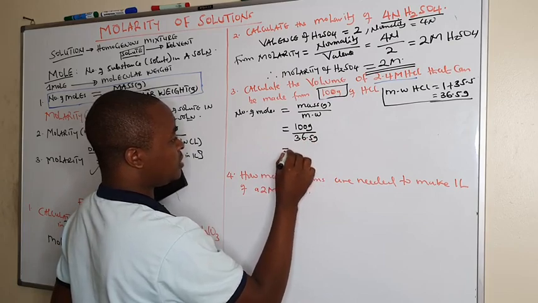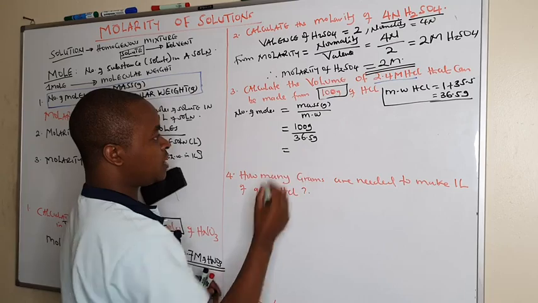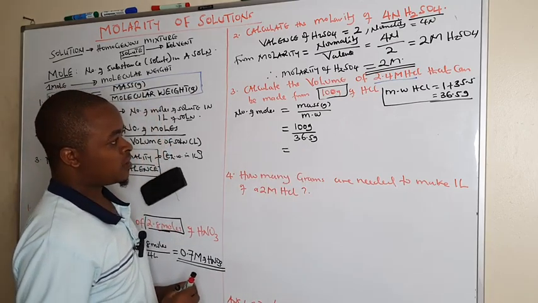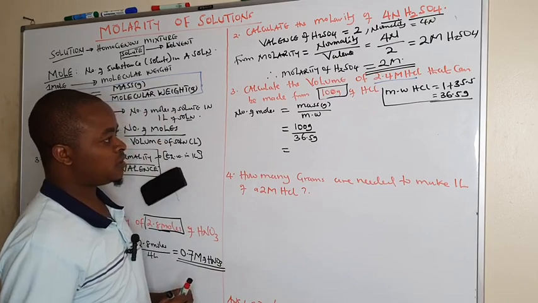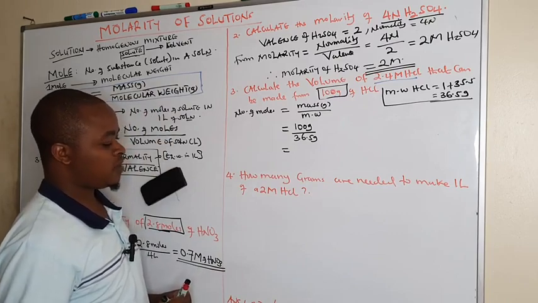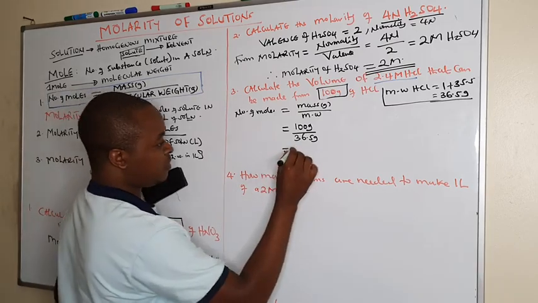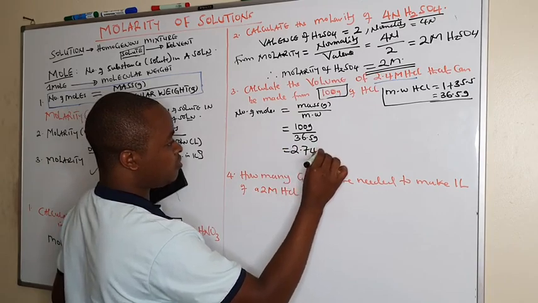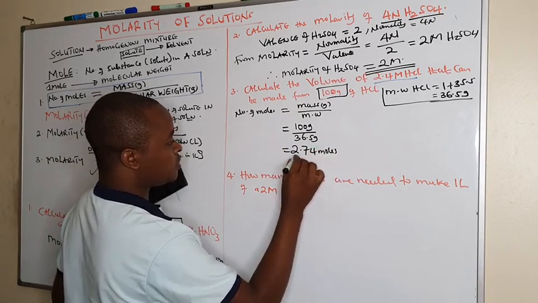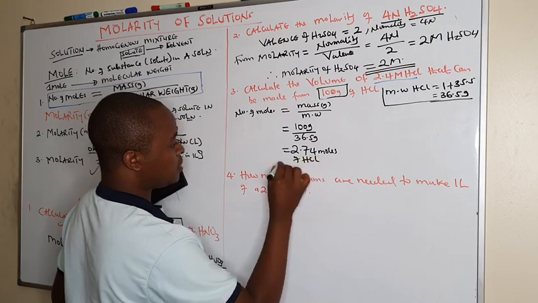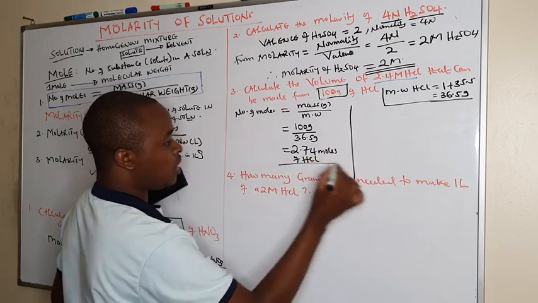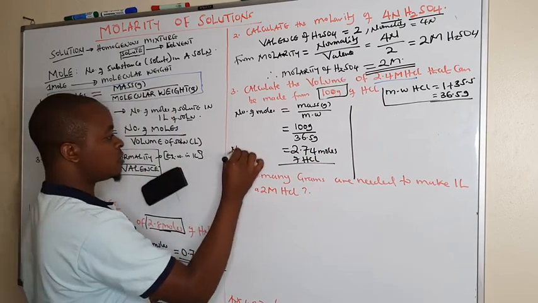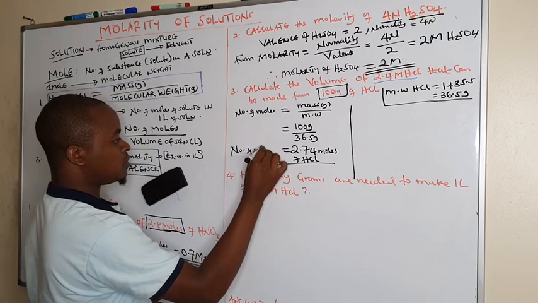If we get 100 divided by 36.5, I am able to get 2.74 moles of hydrochloric acid. So now we have got the number of moles.